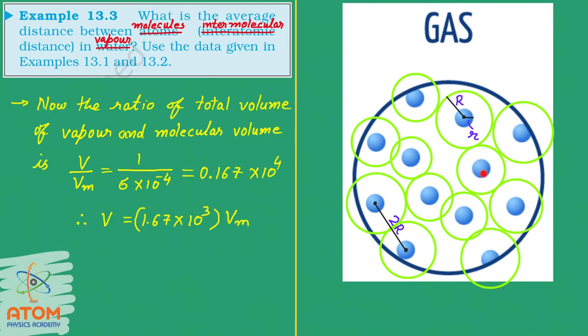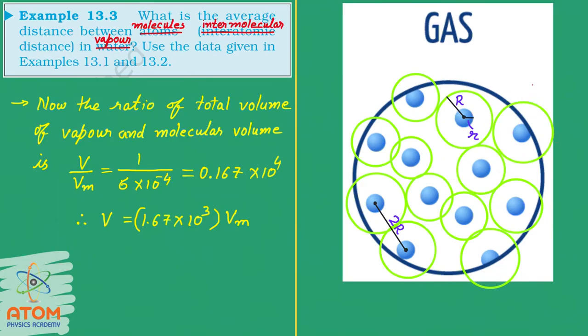See, every molecule has some separation distance from the other molecules. That means every molecule is occupying somewhat larger volume than its own volume. See, this is its own volume, and this is the volume which one molecule is occupying. So these green circles, rather I would say green spheres, show an imaginary sphere occupied by every molecule.